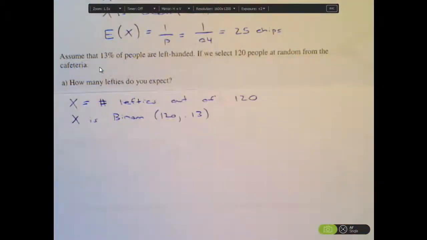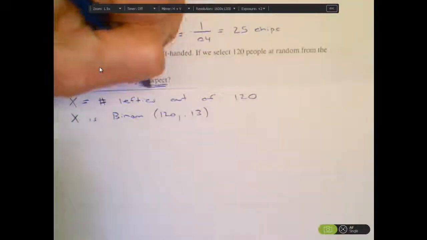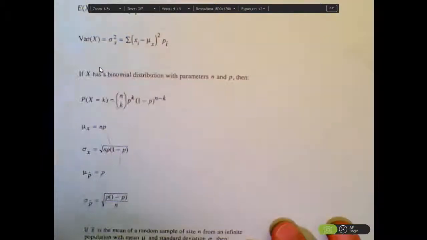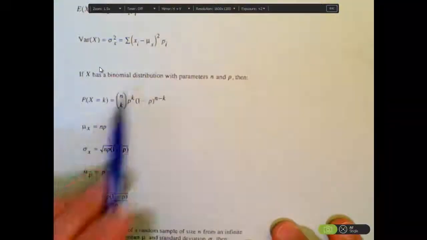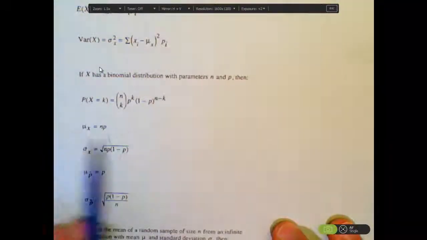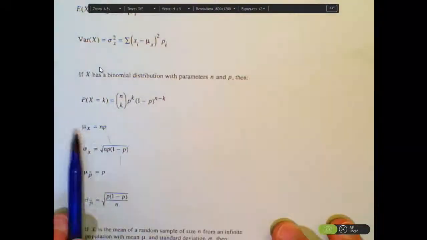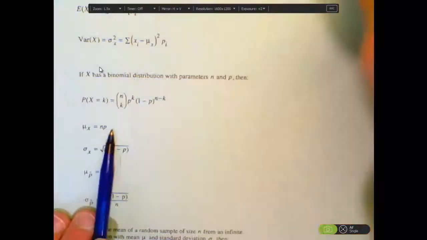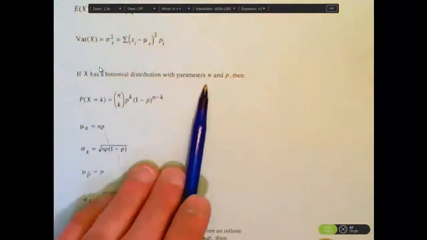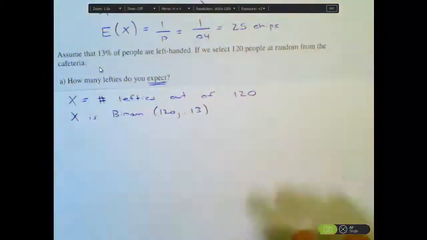How many do I expect? Well, that's expected value. Let's check out the green sheet here. Binomial distribution. There is expected value right there. Mean of x, that's just a different way of writing expected value of x. n times p. Well, those are my parameters, n and p. I can simply calculate that.